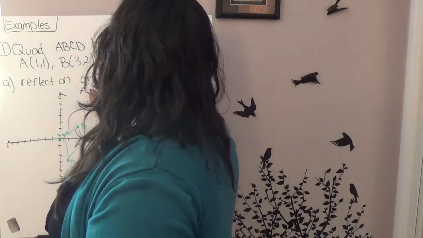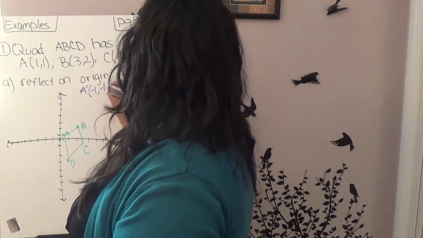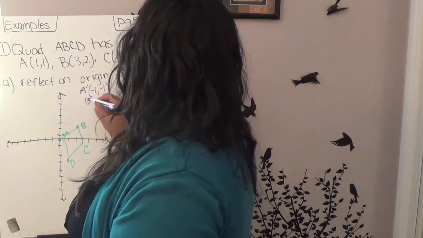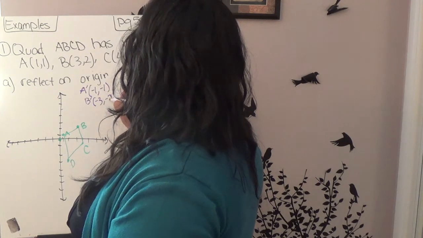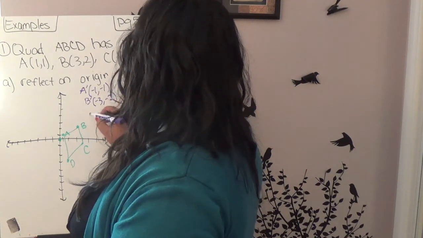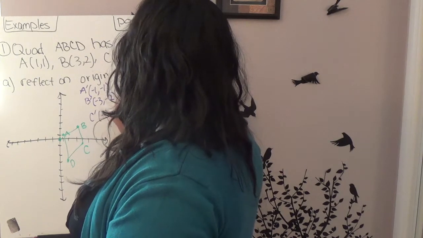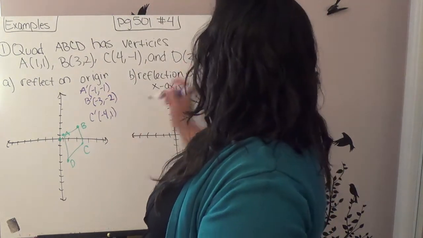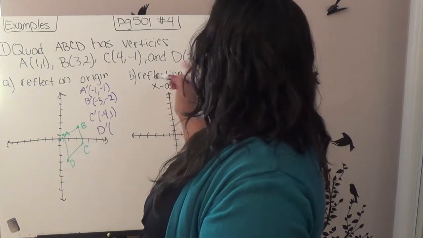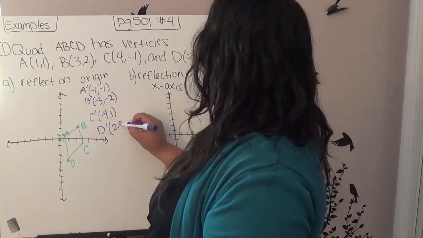So my A prime should be negative 1, negative 1, right? My B prime should be negative 3, negative 2. My C prime should be negative 4, but because it's already a negative, it becomes a positive. And then D prime is 2, but this is already a negative, so this is going to be a positive.